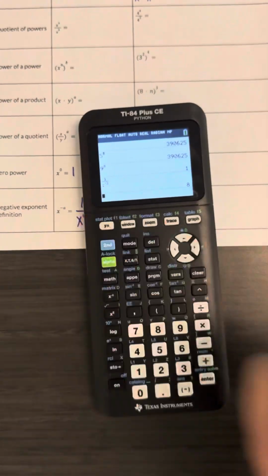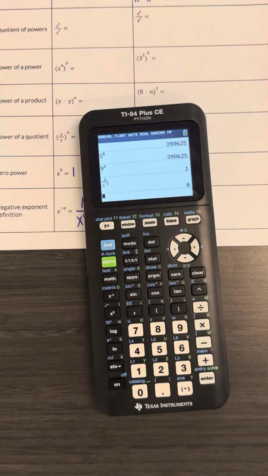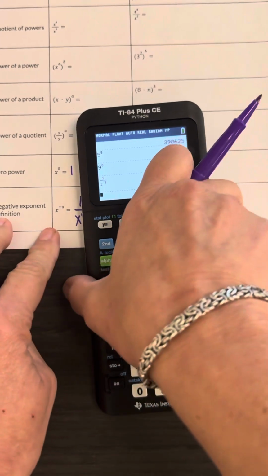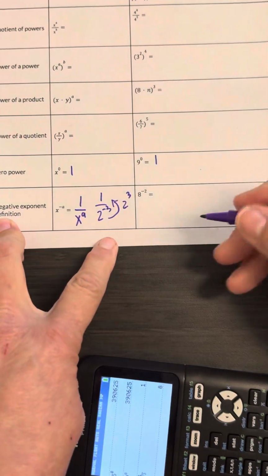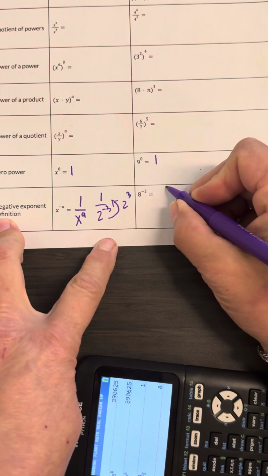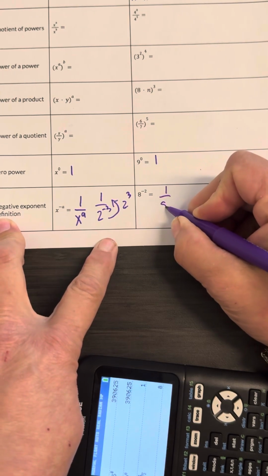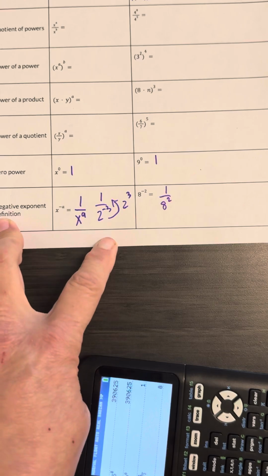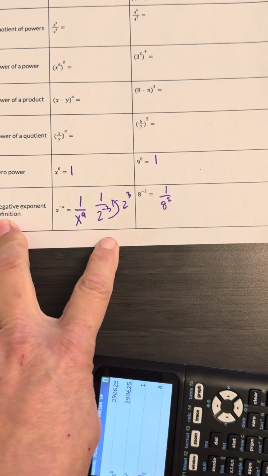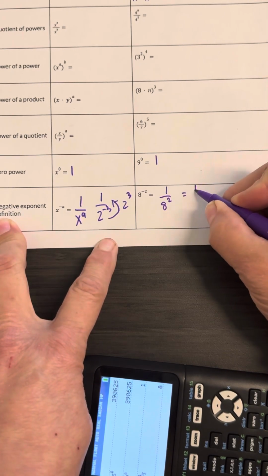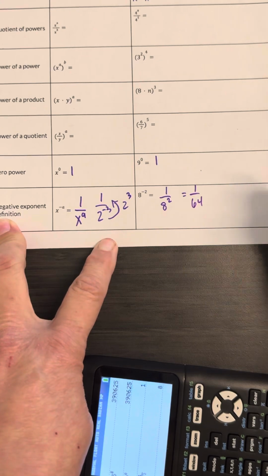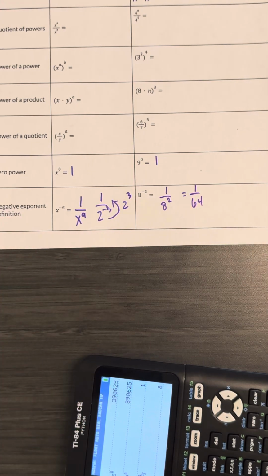And we get 8. So 8 to the negative 2 is going to be 1 over 8 squared, which would equal 1 over 64. But as far as simplifying the exponent, 1 over 8 squared.